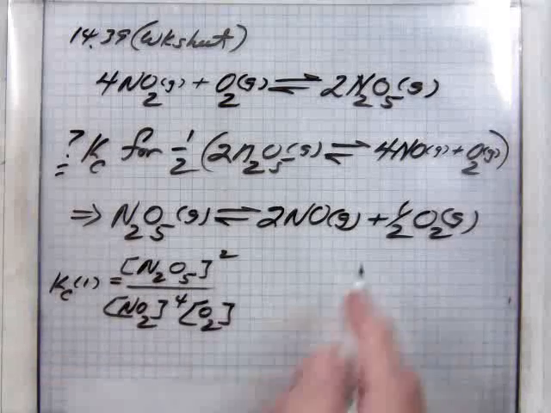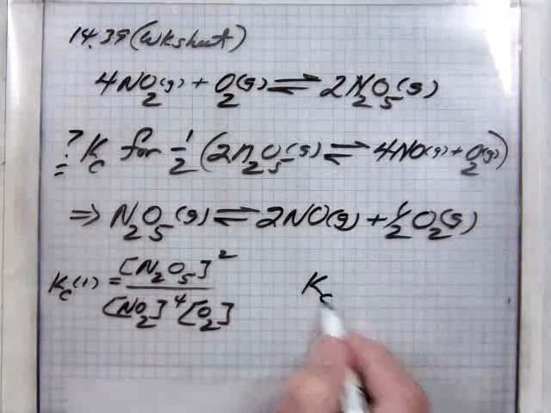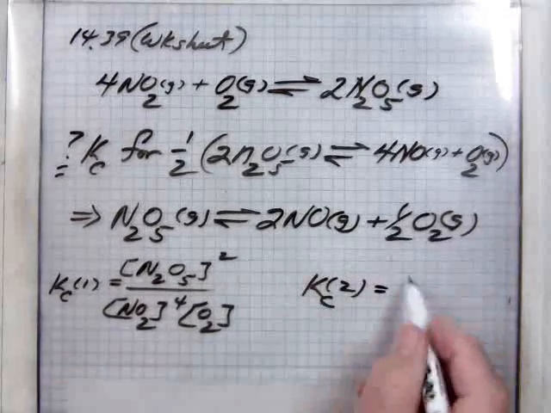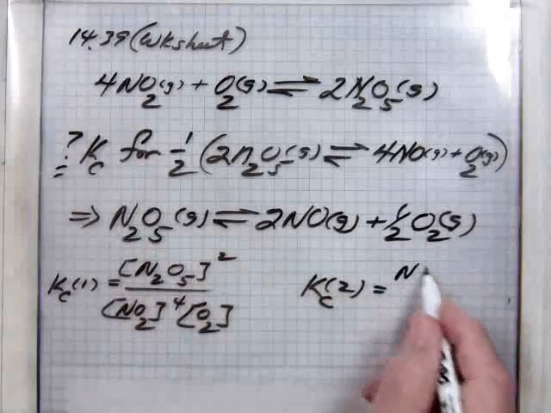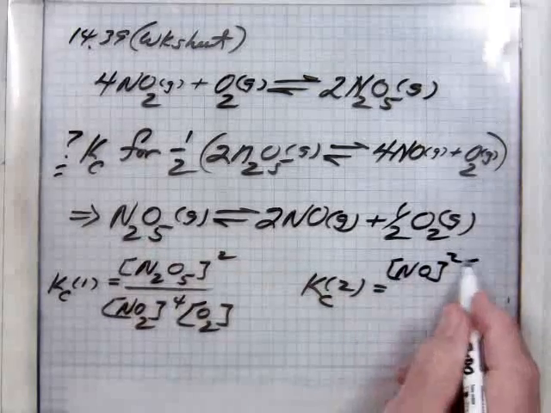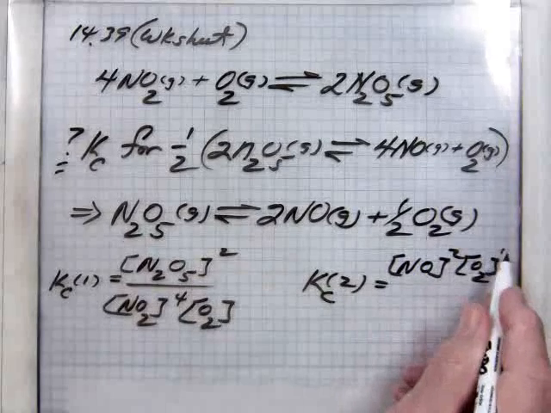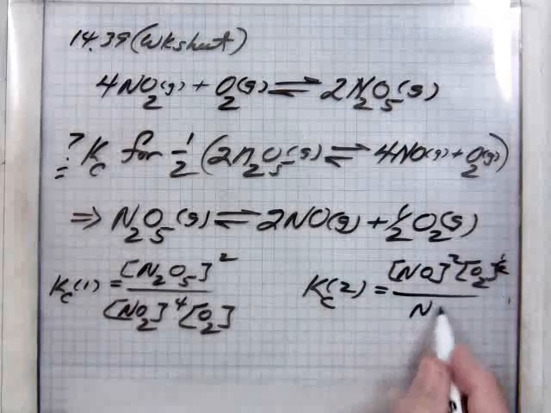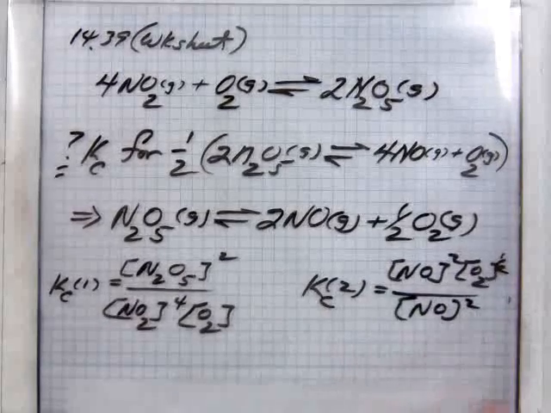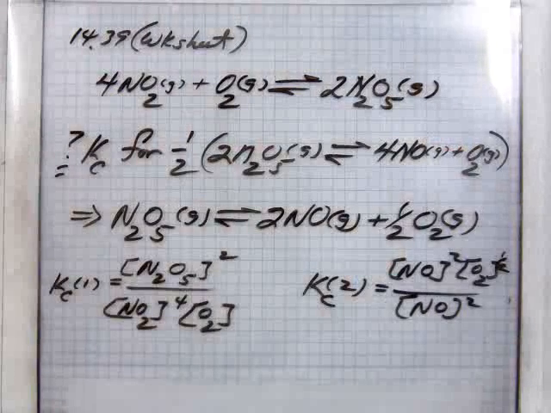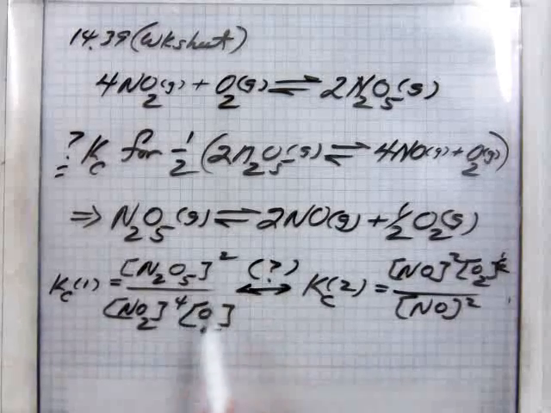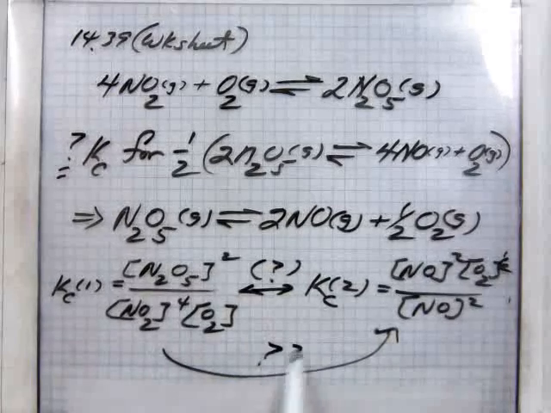Then over here you put Kc2, the second reaction, or prime, however you want to look at it: products over reactants, NO2 squared, O2 to the 1/2 this time, divided by N2O5 squared. Even if I'd written it according to the listed problem, you still do the same thing. Now the question is, how do you go from the first one to the second one?